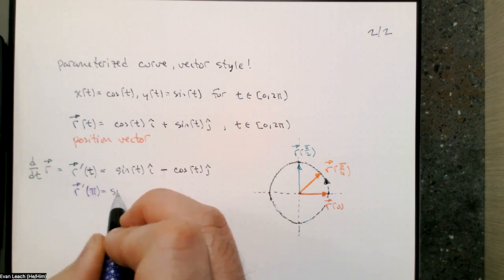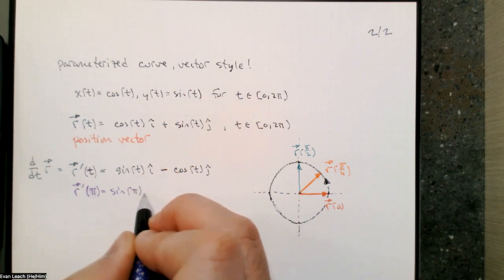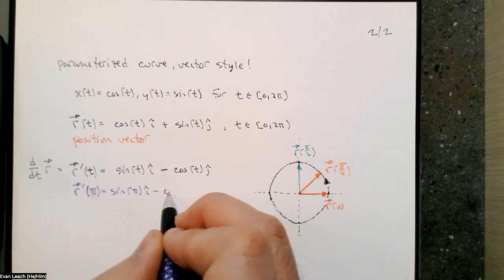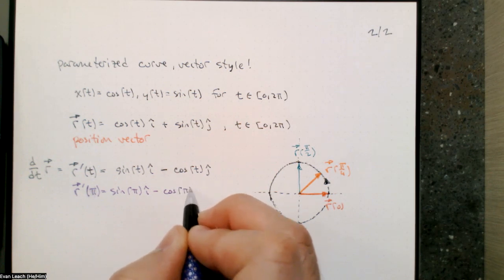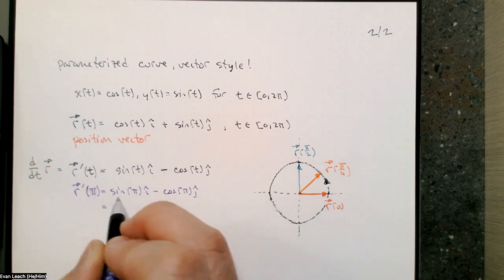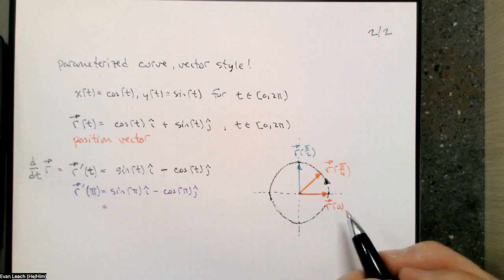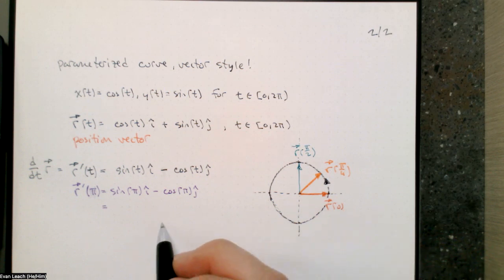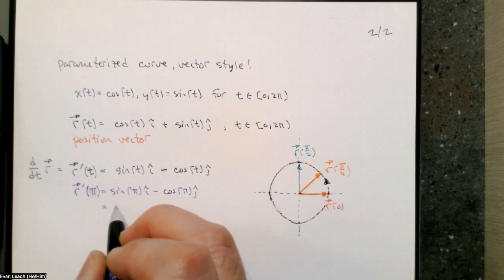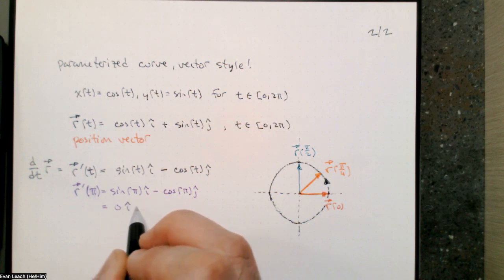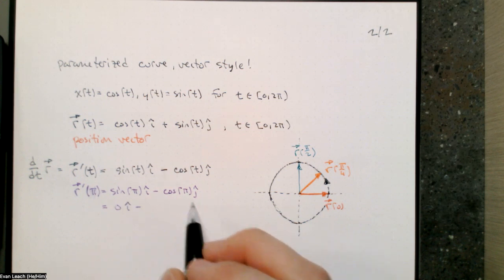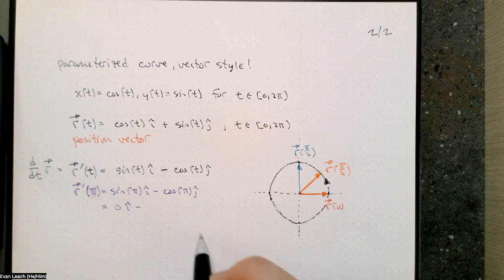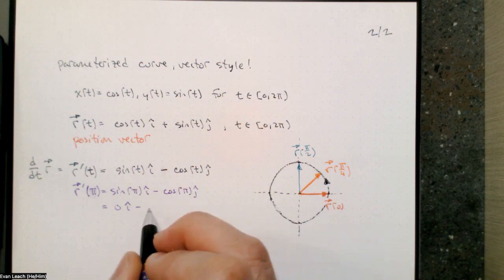And we get sine of pi i minus cosine of pi j. Sine of pi is equal to, let's see, 0. Cosine of pi is, let's see, negative 1.